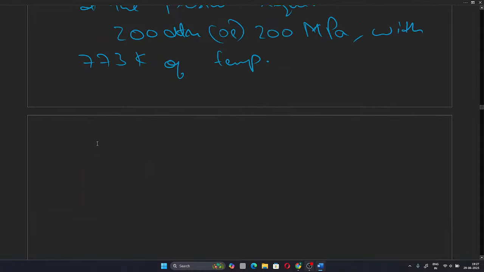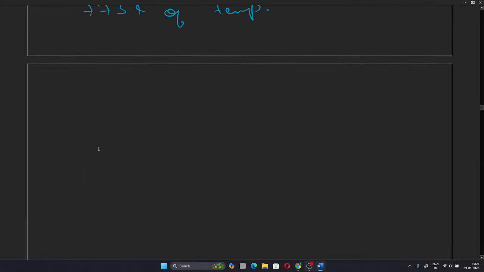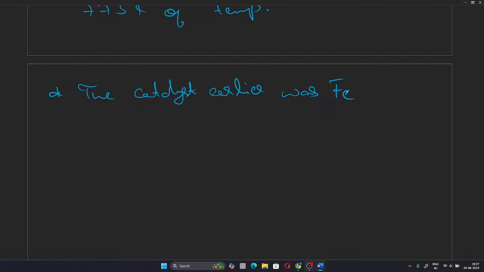And the catalyst earlier was iron and molybdenum as a promoter.